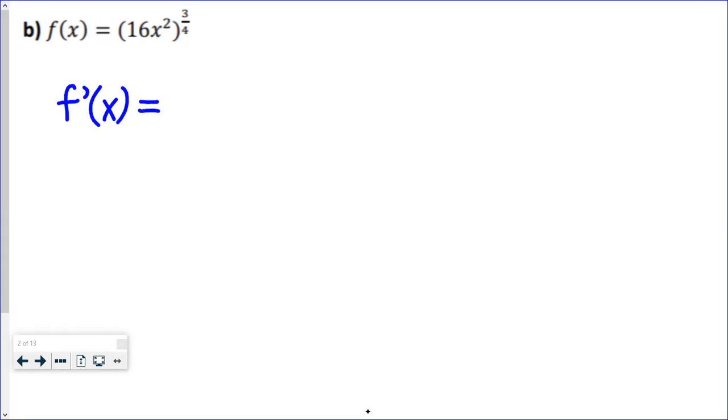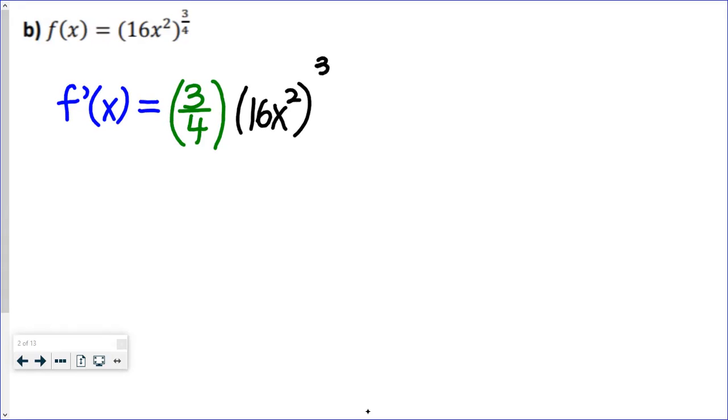I'm going to bring down the 3 over 4, multiplied by 16x squared. And I'm going to take the original 3 over 4, and I'm going to subtract 1. All of this is the derivative of the outside.